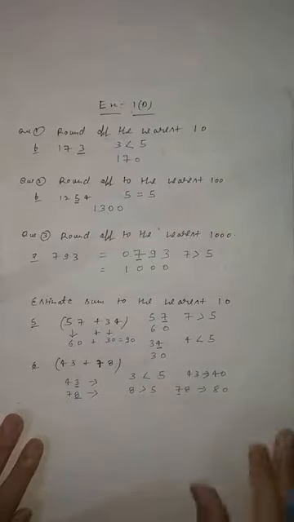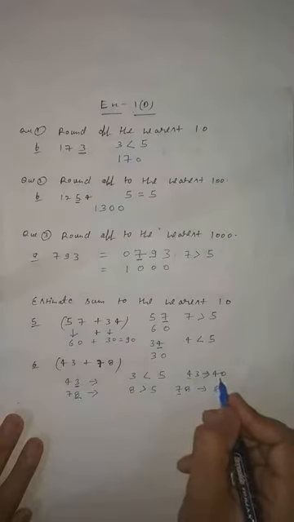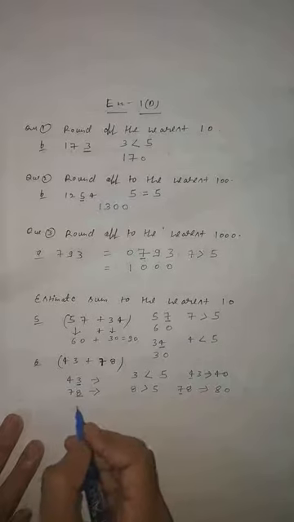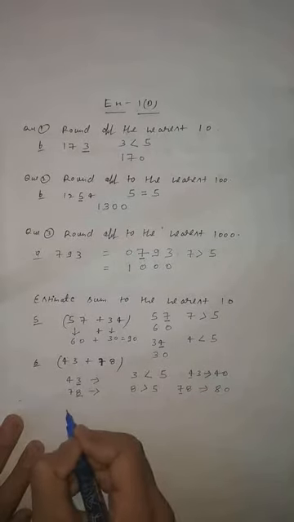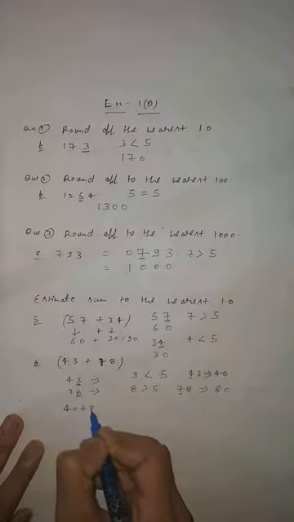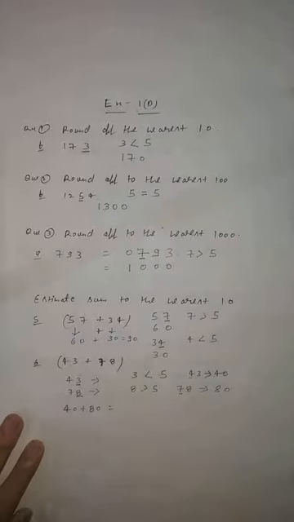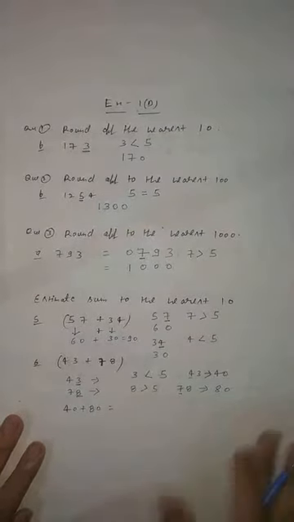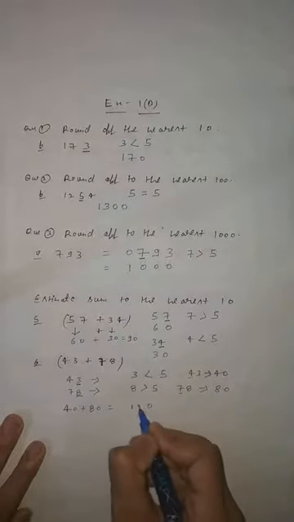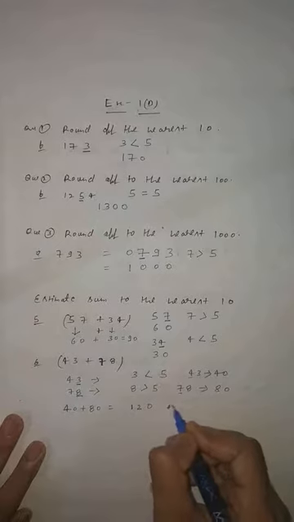Clear, student? This is the rule. Means 43 becomes 40 and 78 becomes 80. So what is the sum of this? 40 plus 80: 0 0, and 8 plus 4 is 12. Clear, student? This is your answer.